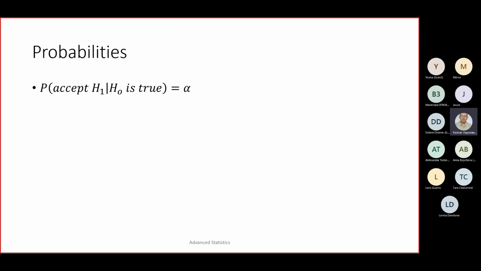The probability to accept the alternative hypothesis when the null hypothesis is true is usually denoted with the Greek letter alpha, and in the opposite, the probability to accept the null hypothesis when this null hypothesis is true is 1 minus alpha.